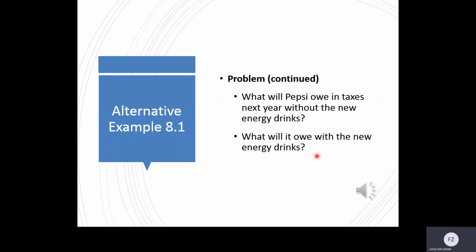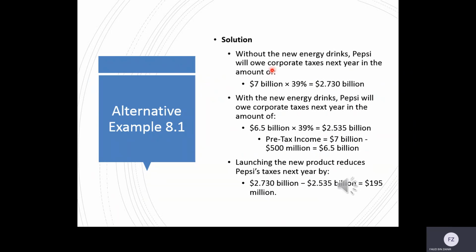Without the new energy drinks, Pepsi will owe corporate taxes next year in the amount of 7 billion times 39%, which is 2.730 billion. But with the new energy drinks, Pepsi will owe corporate taxes on 6.5 billion, which is 7 billion minus its losses of 500 million.